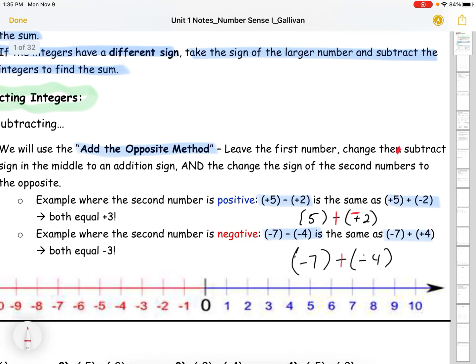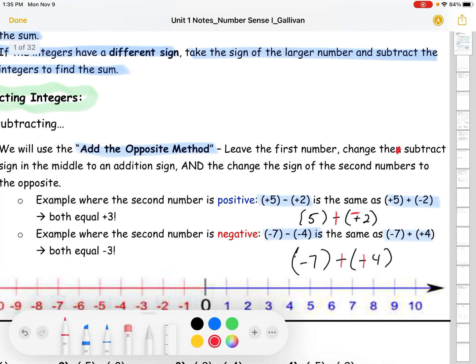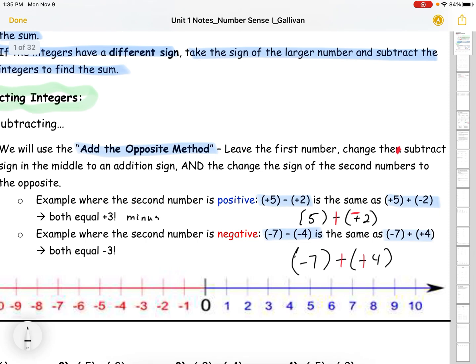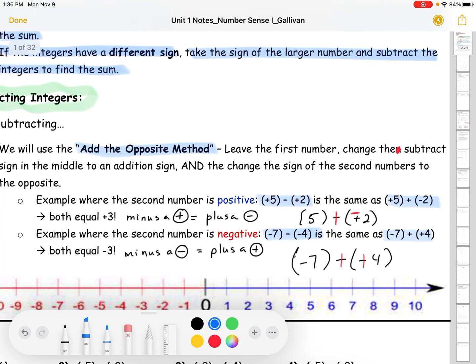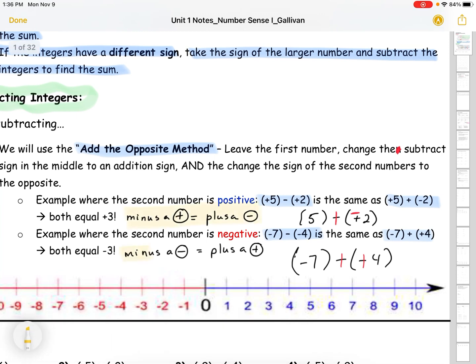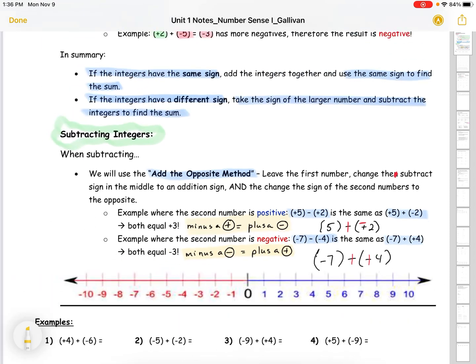We are basically changing it to plus a positive. So I always say, minus a positive equals plus a negative, and minus a negative equals plus a positive. Those are some little memory tools that you can remember as well.